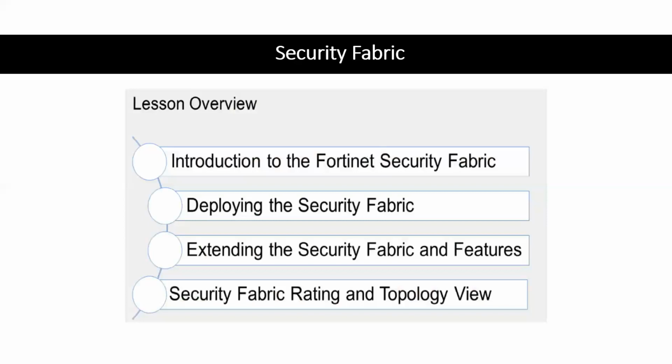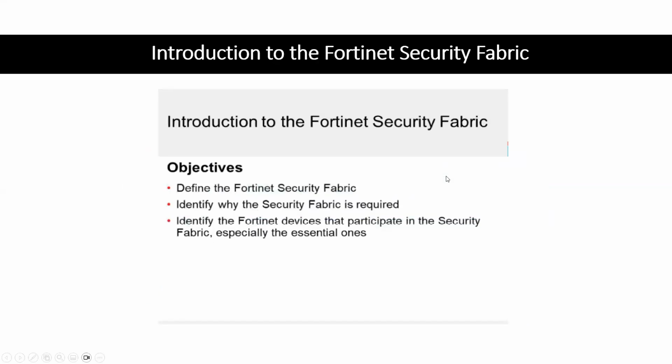Okay, let's go ahead and roll through. Some of the objectives we need to tackle are to define what the Fortinet Security Fabric is, identify why the Security Fabric is required, and identify the Fortinet devices that participate in the Security Fabric, especially the essential ones. With all of this, you'll understand how all these devices participate in it.